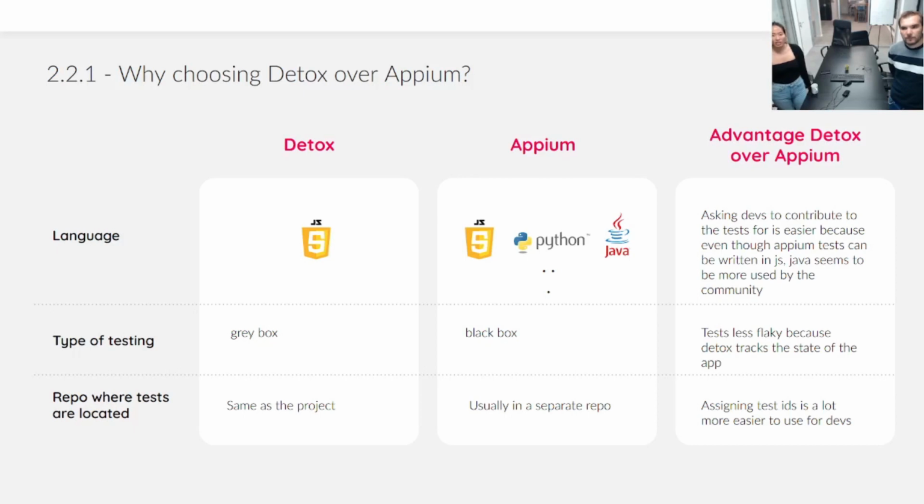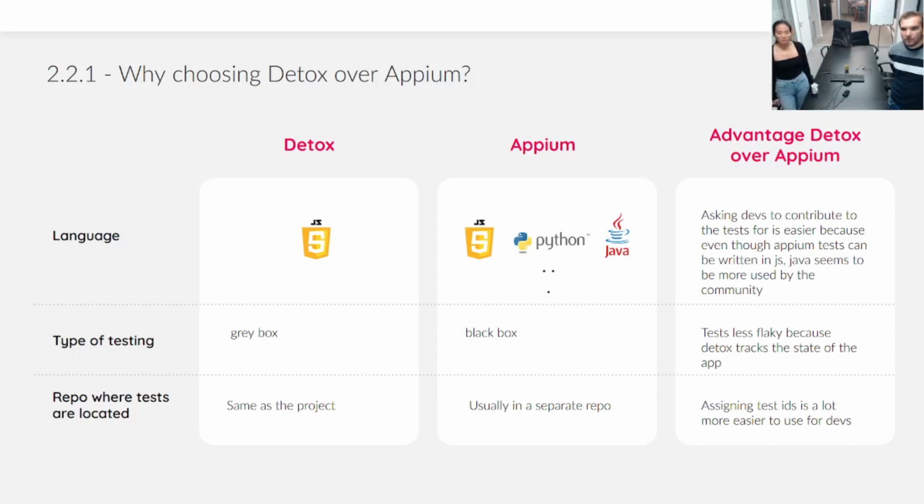You can see on the chart that JavaScript can be used for both Detox and Appium, but we see that Detox is likely to be chosen because if some developers need guidance to use JavaScript for Appium, it can be more difficult for them as there seems to be a broader community who uses Java to write Appium tests.